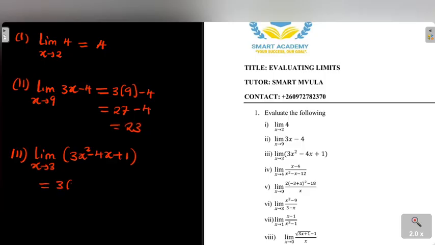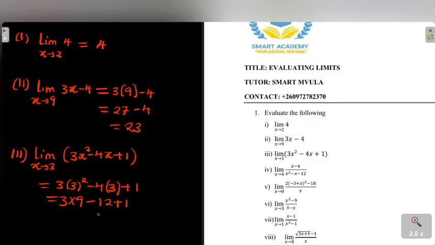So 3 open, 3 to the power 2, minus 4, where there's x you substitute with a 3, then plus 1. This will give us 3 open, then 3 to the power 2, that's 9, minus 4 times 3. We can multiply 4 times 3, that's 12.